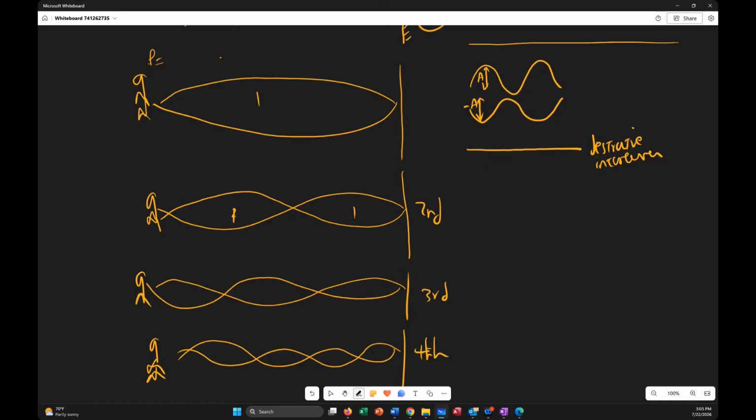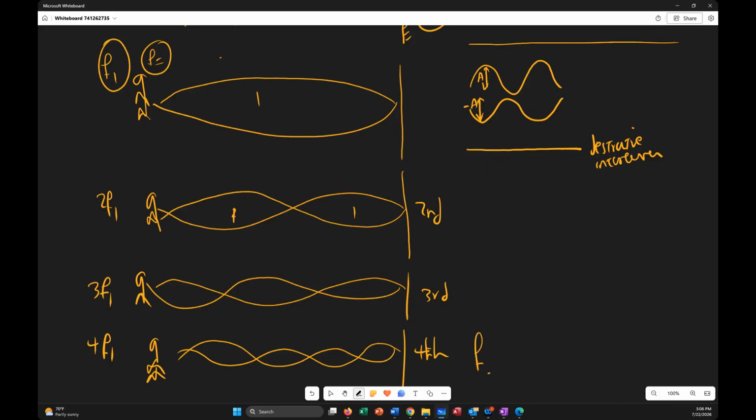Let's say if you calculate the frequency for the first one, let's say this is F1. You can try it at home. If you double the first harmonic, you can create the second harmonic. If you triple it, you can get the frequency of the third harmonic. If you quadruple the first harmonic, you can get the frequency of the fourth harmonic.